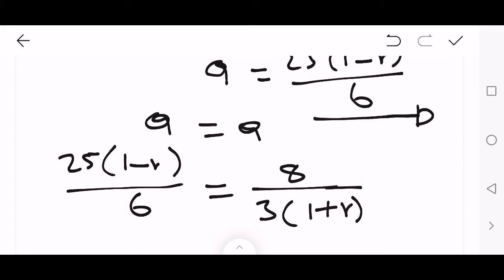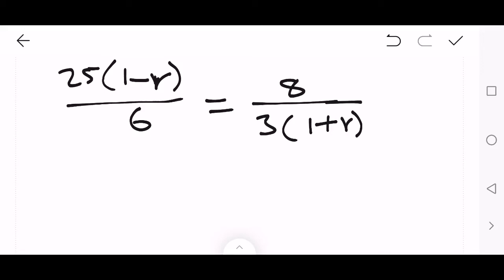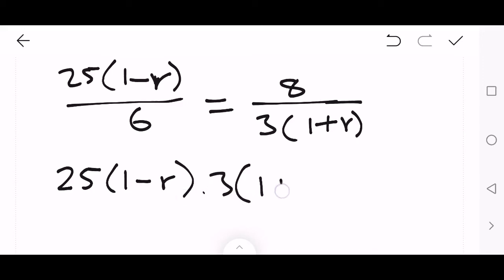Now we can go ahead and solve for r in this equation. So we will cross multiply. So we will have 25 into 1 minus r multiplied by 3 into 1 plus r equals 6 times 8, that's 48.